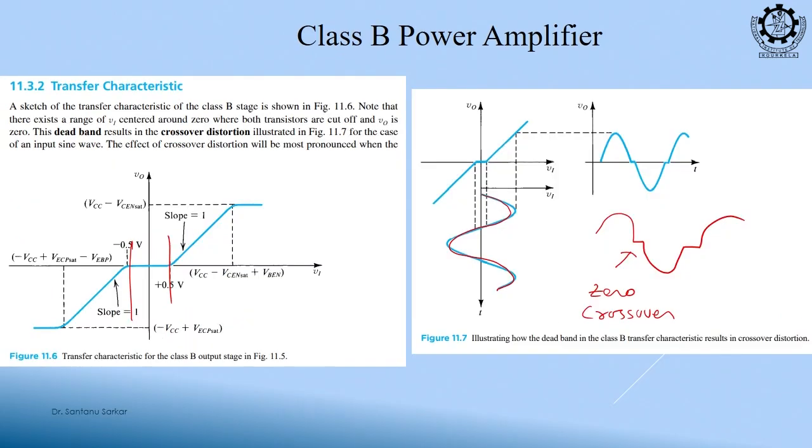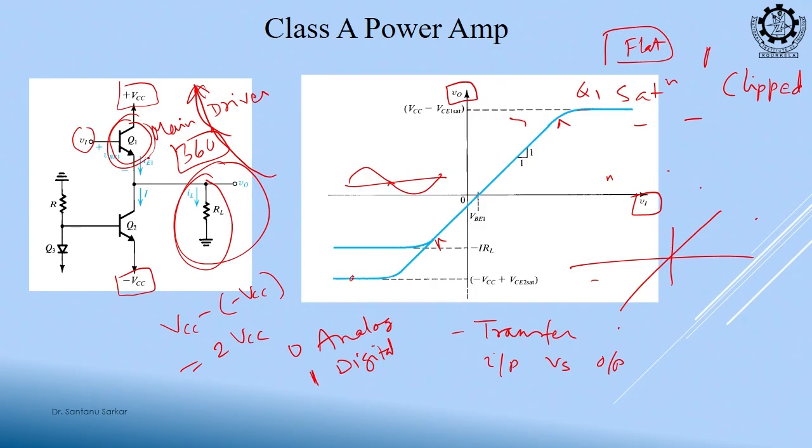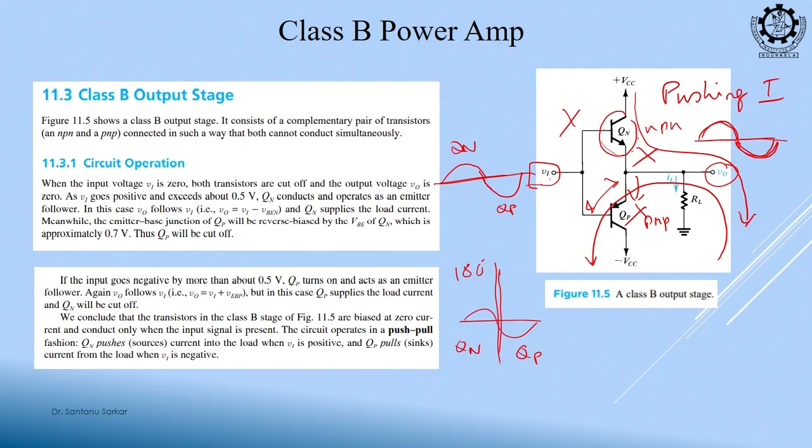In the previous case I was delivering for the full sine wave, to this as well as this. This transistor I was delivering power for the positive half cycle and the negative half cycle, and the other transistor also. But in this case I am delivering for the positive half cycle only to this, not to that, and the negative half cycle only to this, not to that.